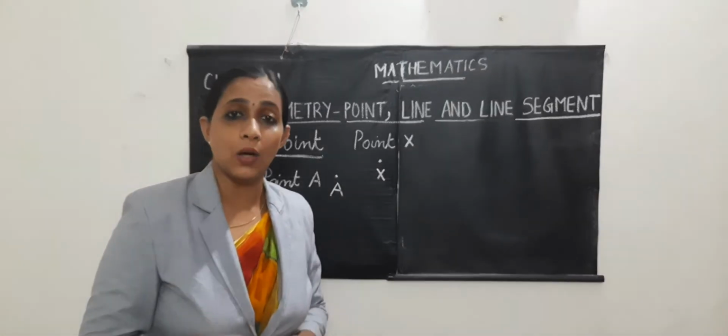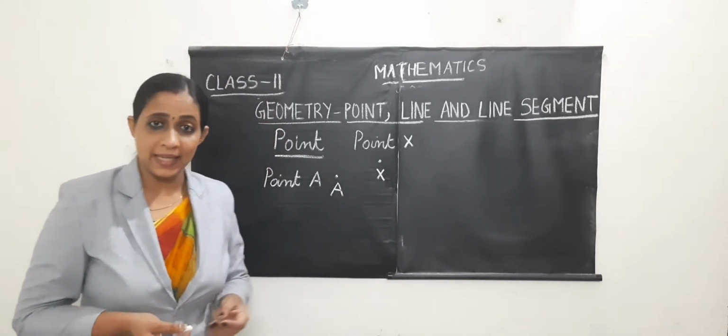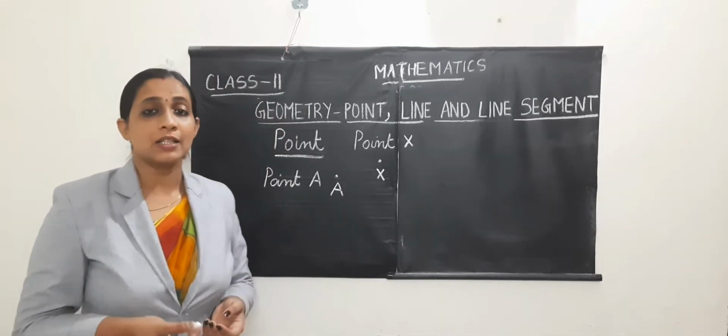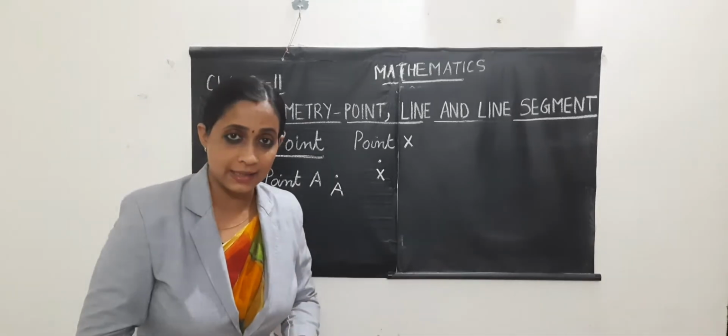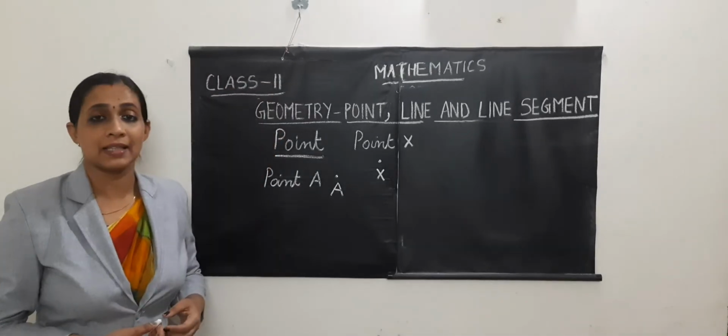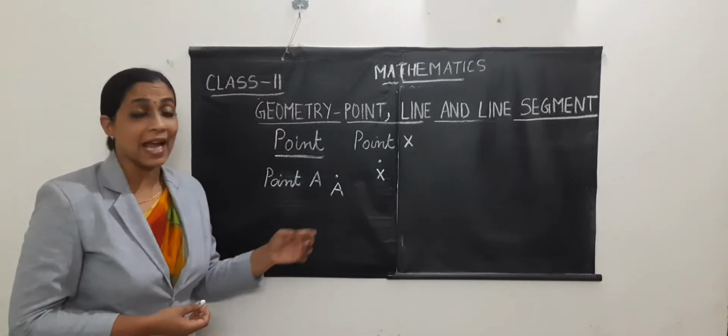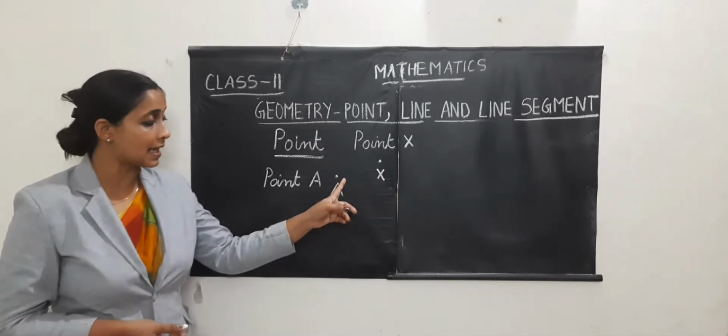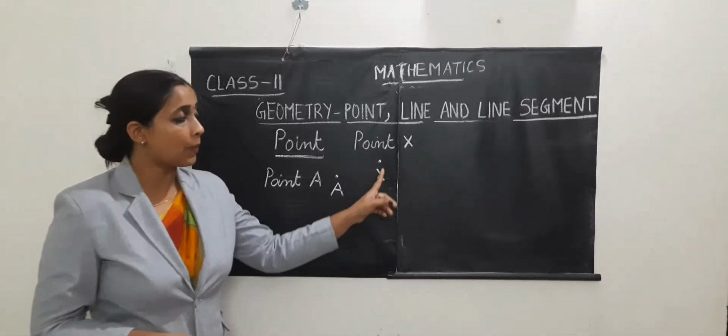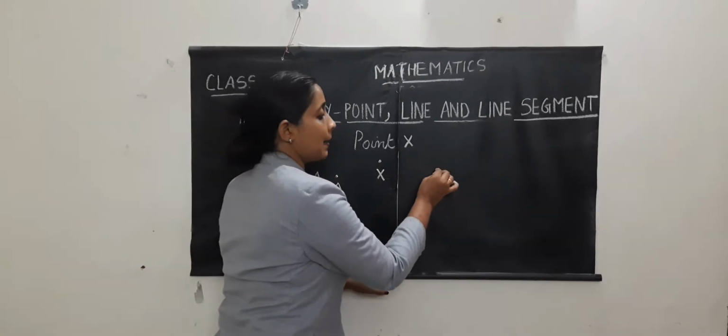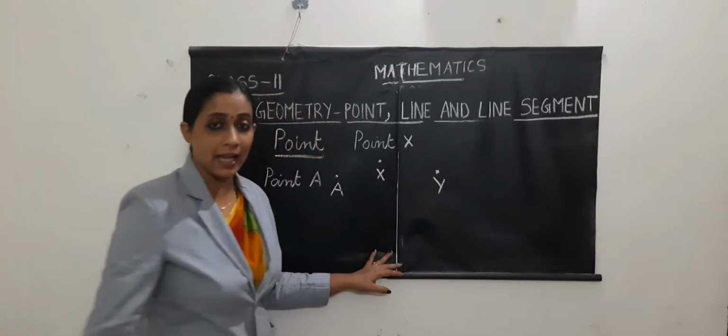It is a dot made with a pen, pencil, chalk or marker. It is represented with capital letters, for example, point A, point X, point Y, like that.